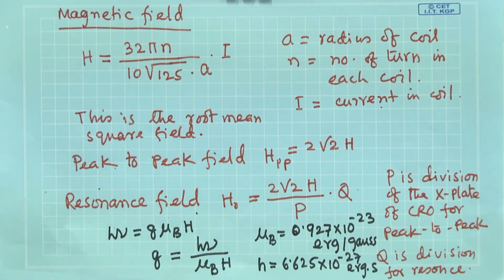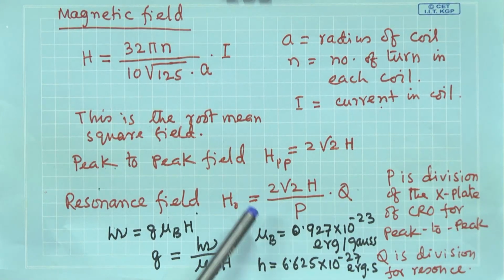So one can calculate the magnetic field using this formula for a particular current. So for this field, we have to note down the total number of divisions between two peaks. So that field is calibrated with the number of divisions on the x axis of the CRO, okay. If it is P, then for our resonance condition, what will the field be, counting just the number of divisions, if it is Q, that one can find out.